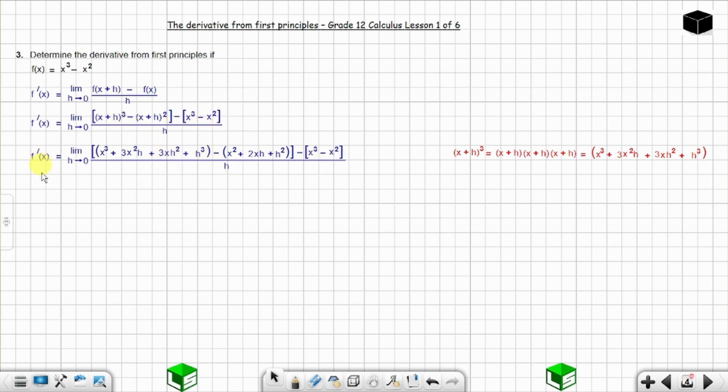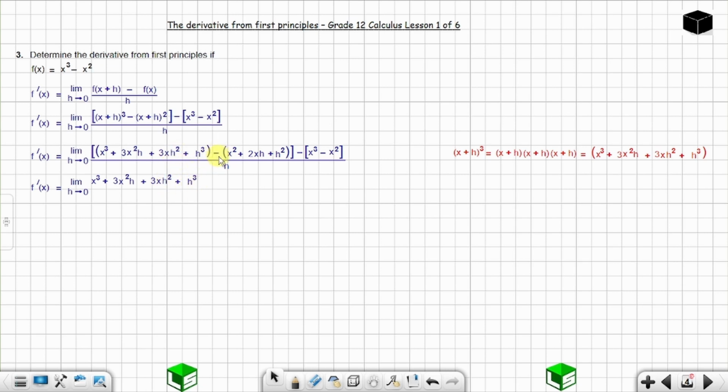Let's carry on. f prime of x is equal to the limit as h goes to 0. You have x cubed plus 3x squared h plus 3x h squared plus h cubed.